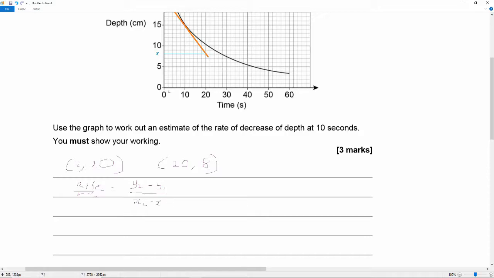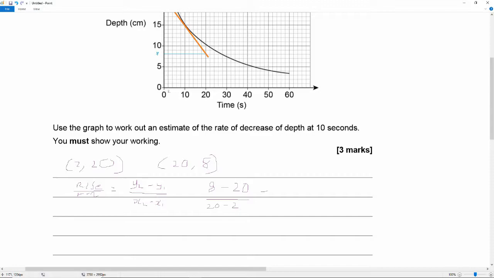And you can decide which are going to be x2 and x1 and y2 and y1, so long as you're consistent. I'm going to put the (20, 8) as the 2, so this is 8 minus 20 divided by 20 minus 2.